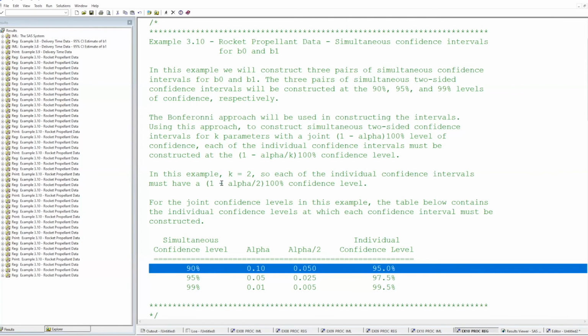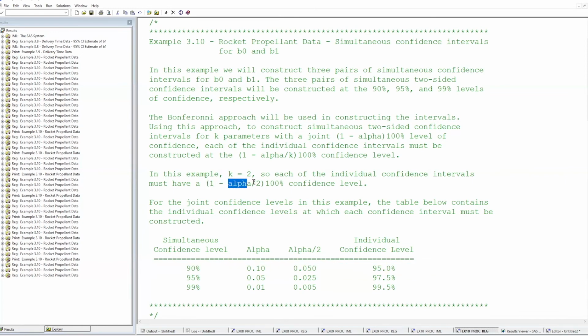And then because we're going to be constructing 2 simultaneous confidence intervals using the Bonferroni approach, we have to divide that alpha by 2, and that will give us the individual confidence level to use for each of the 2 confidence intervals that we construct. And so if alpha is equal to 0.1, obviously alpha over 2 is 0.05.